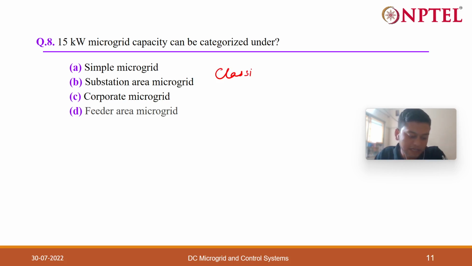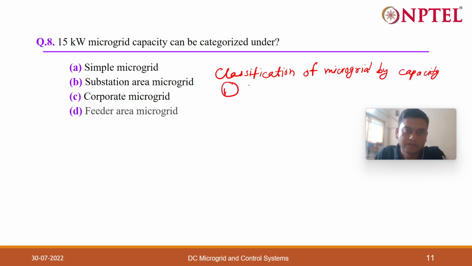So there are 5 types of microgrid classified by the capacity rating. So classification of microgrid by capacity, based on their capacity. So first one is simple microgrid, whose rating is lower than 2 megawatt.